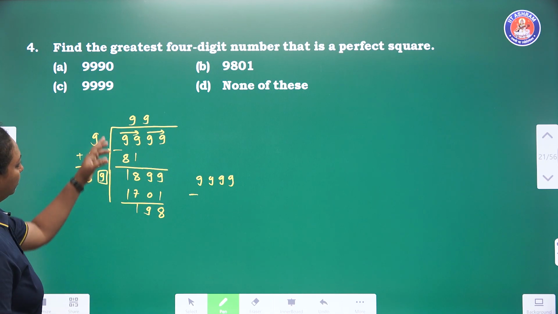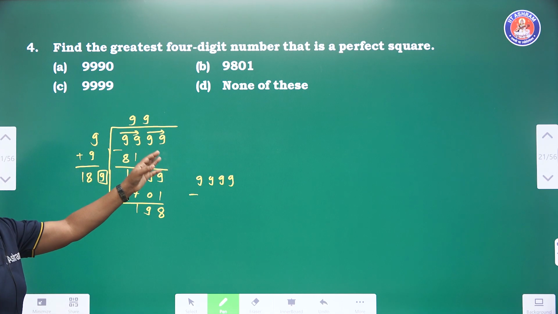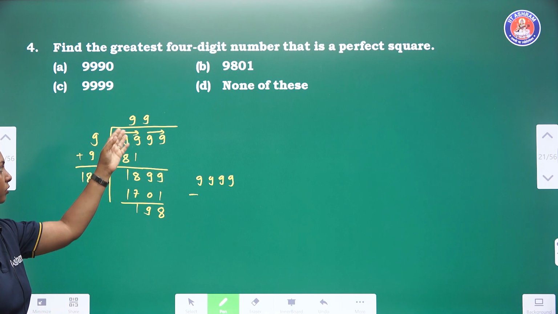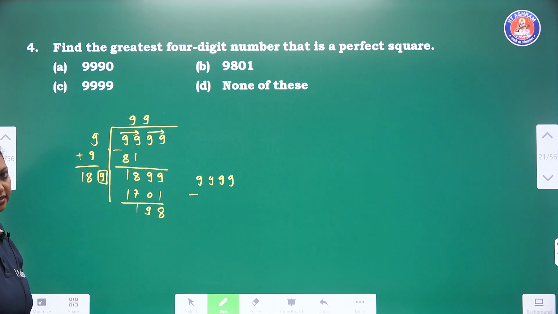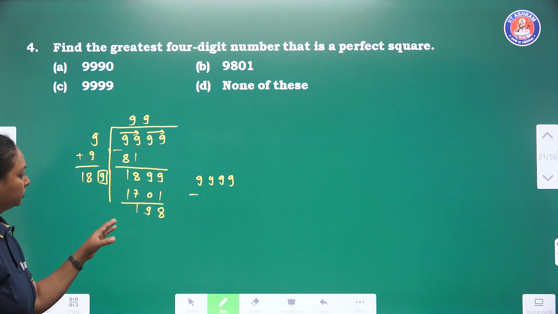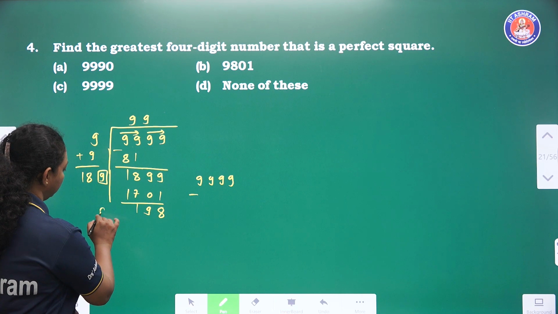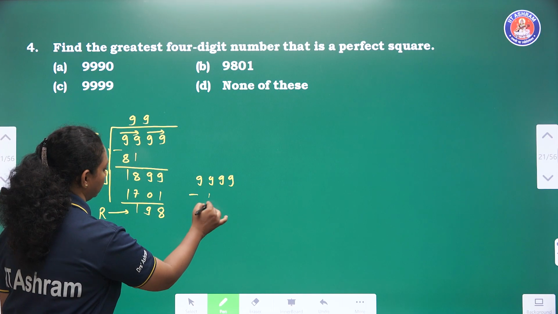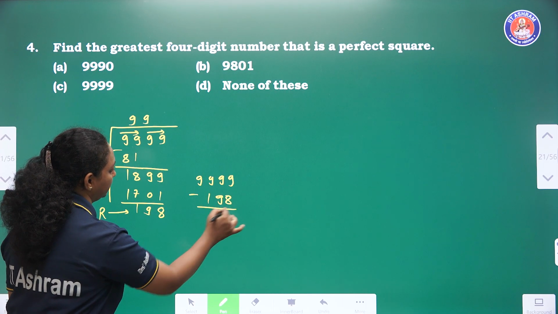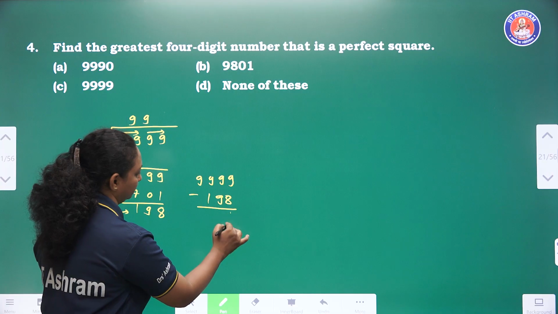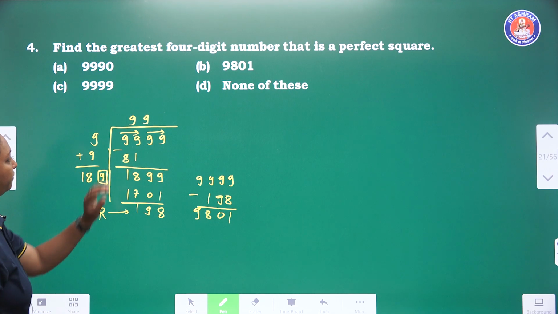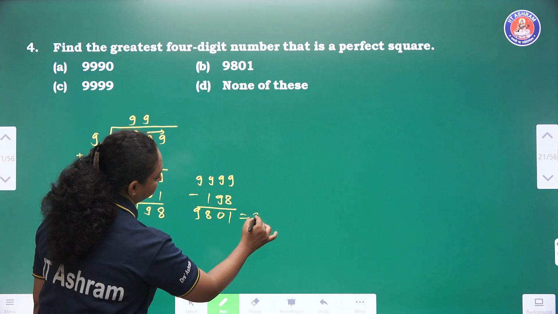What we know is, whenever we find the greatest 4-digit number, we find the approximate square root of this number, so that is 99. Now what is the remainder? This would be the remainder. So when we subtract the remainder from the given number, then we will get the perfect square of 99.